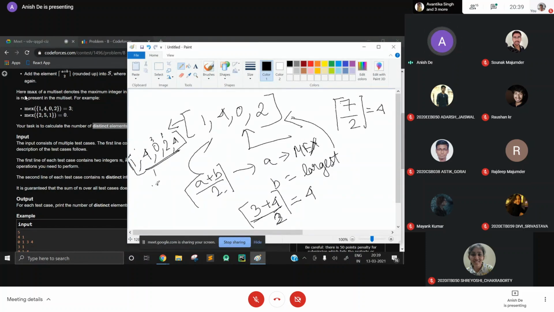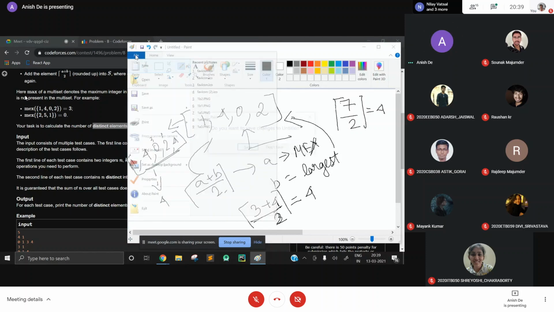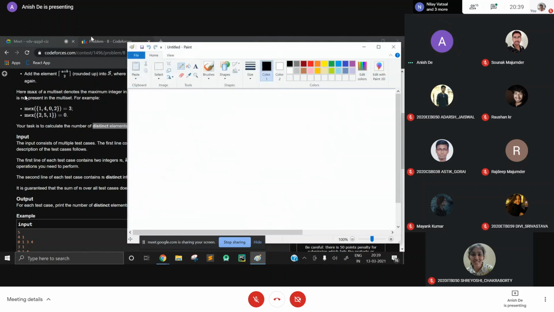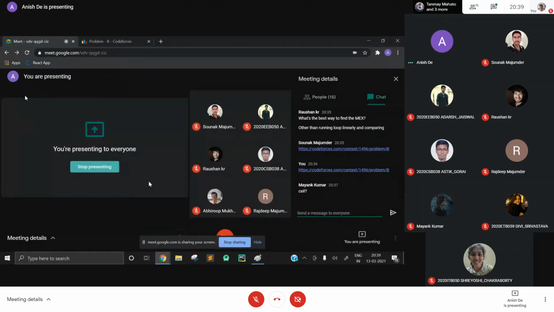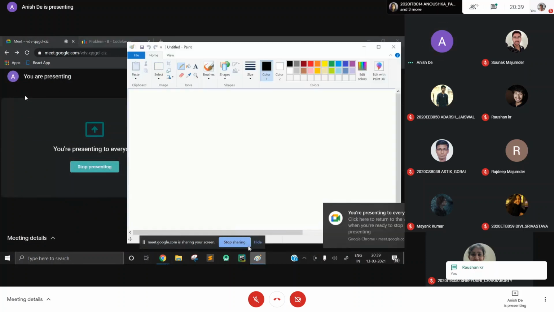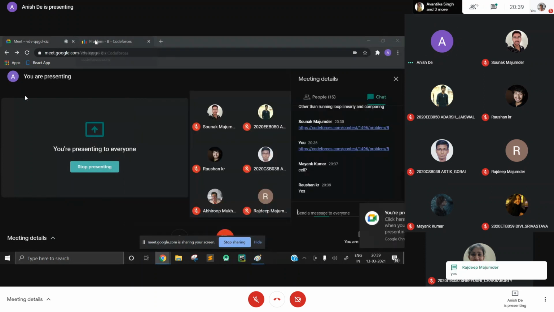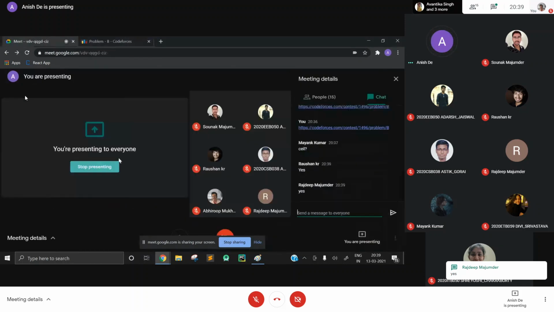So 4 distinct elements are here. Is the question clear? After this, I will tell the approach. Am I audible? Okay, it's clear.